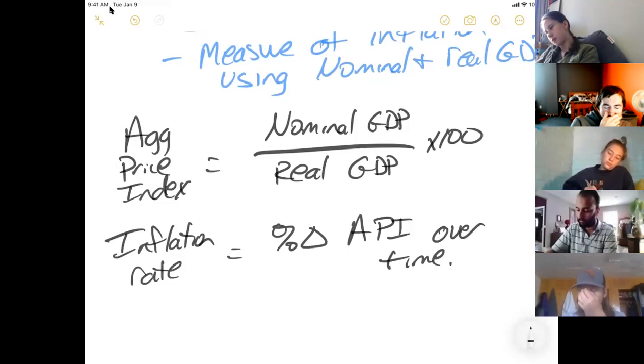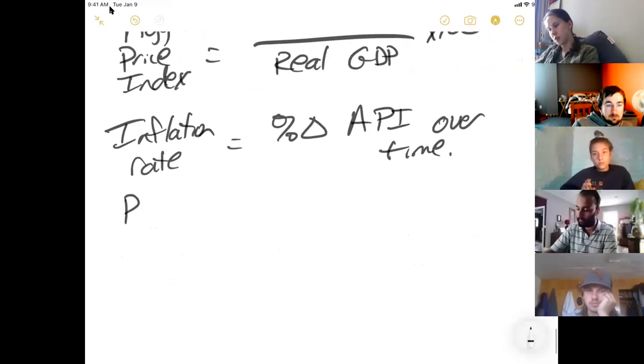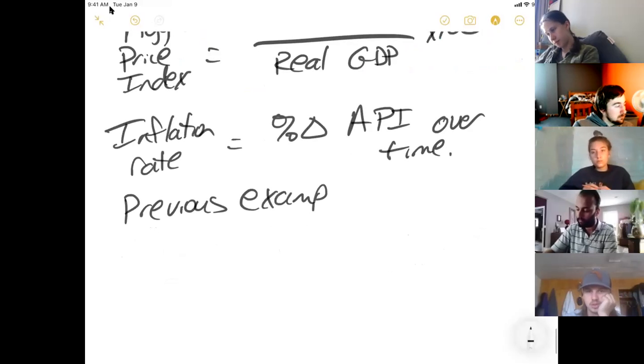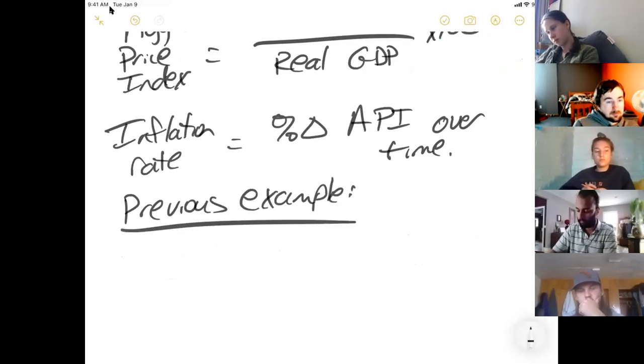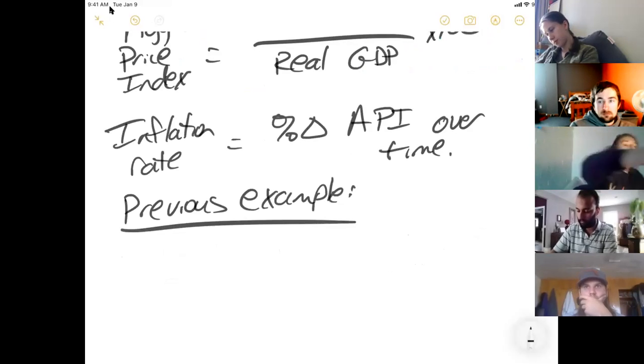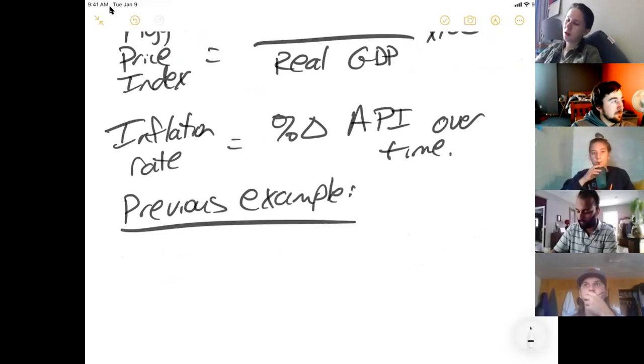First you calculate the index, which is the ratio of nominal GDP to real GDP, and then you calculate the inflation rate. Let's go back to our previous example, the real GDP and nominal GDP example we had before.